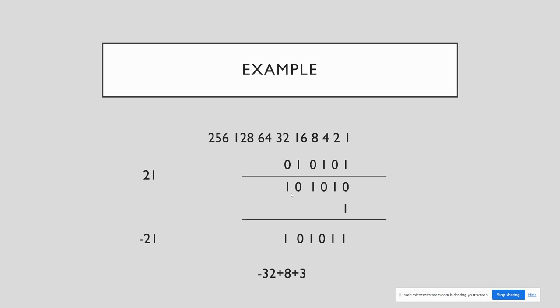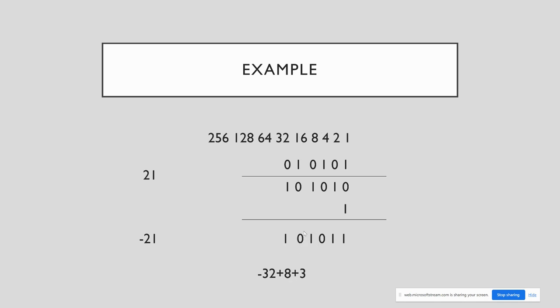Now I'm going to move on to the second complement. Plus 1. So 0 plus 1 is 1, and then everything else comes down. Now you can see it's minus 21. How do I know that? So I know that it's minus 32 plus 8, because it's not 0.